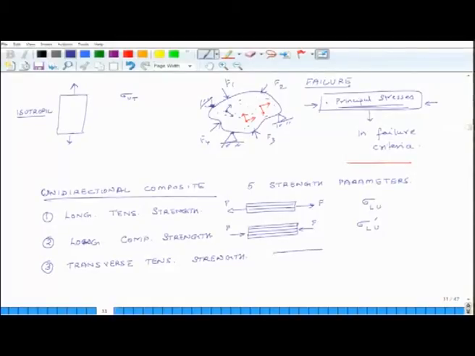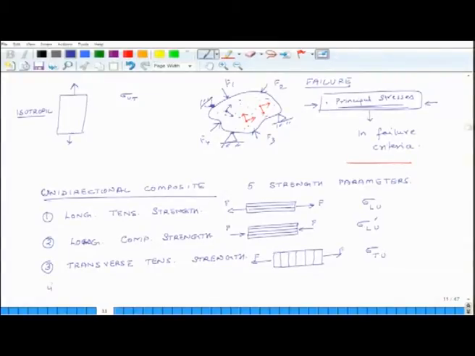We have a sample, and here we pull it in tension, and we pull it in tension in the transverse direction. So, these are the fibers, this is the force, and the fibers are oriented like this, and this strength is called sigma T U, ultimate tensile strength.